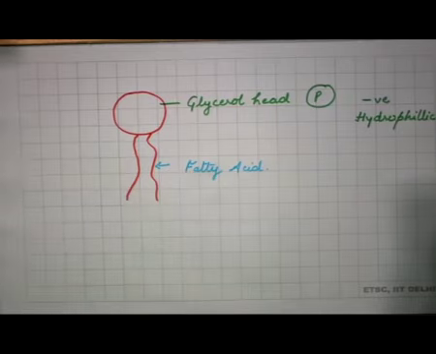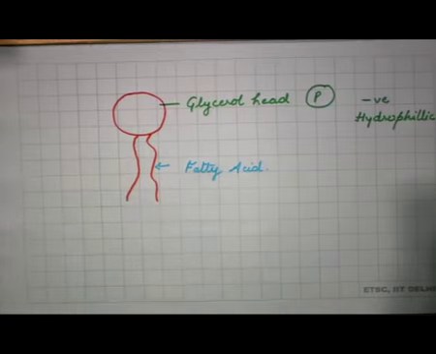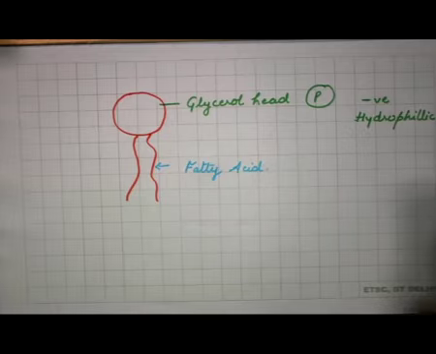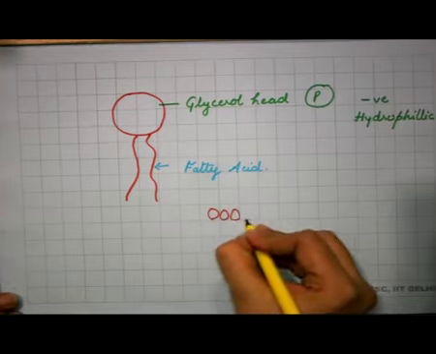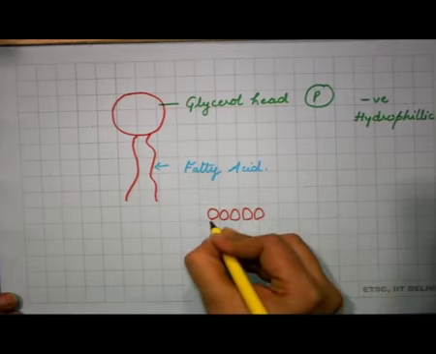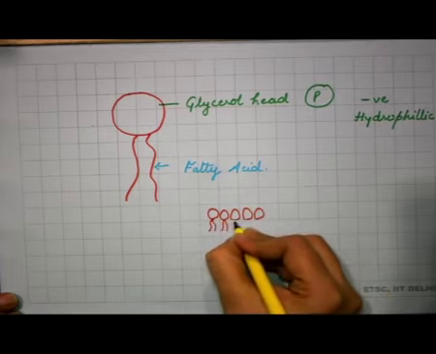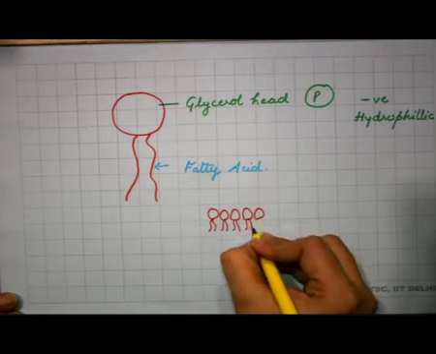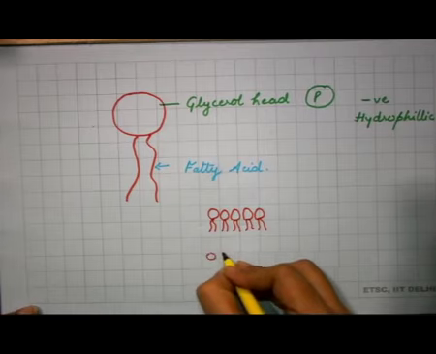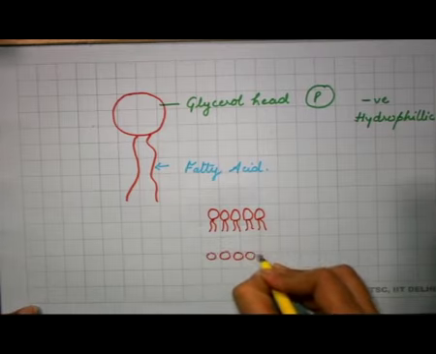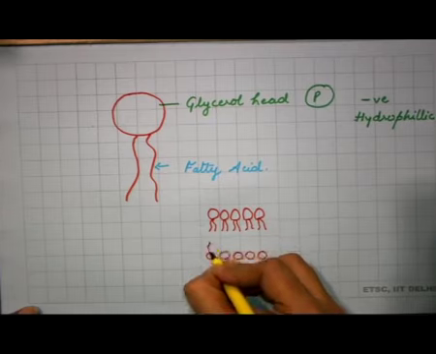So, whenever such a lipid molecule is present in a system, it will arrange itself in such a manner that only the hydrophilic heads are towards the solution and the water-hating, hydrophobic tails will be towards inside. So, if there are two layers of lipid molecules, they will be arranged in this manner.